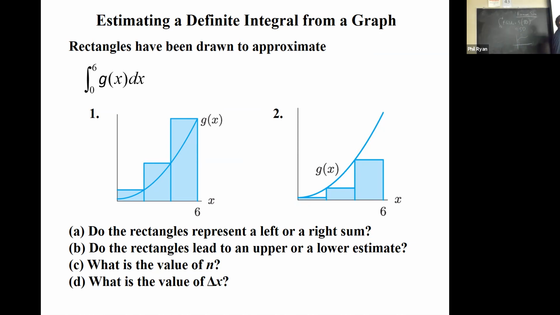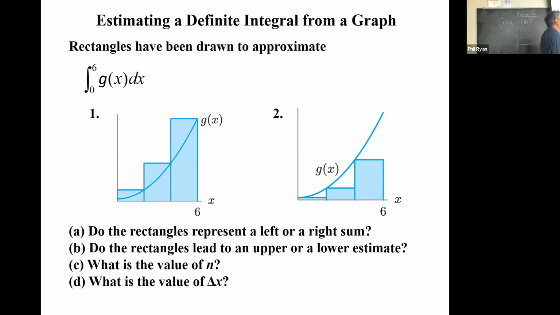What n am I using? I think you're putting them both together. Just take one at a time. What's n here? How many rectangles are there? Oh, 3, right? N is 3 in both cases.